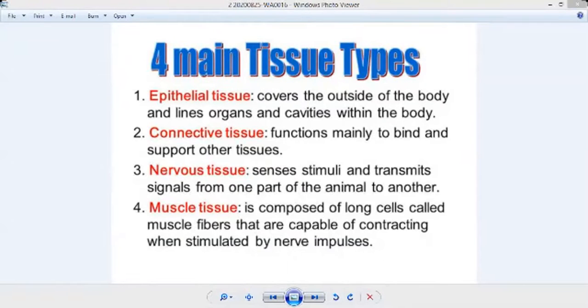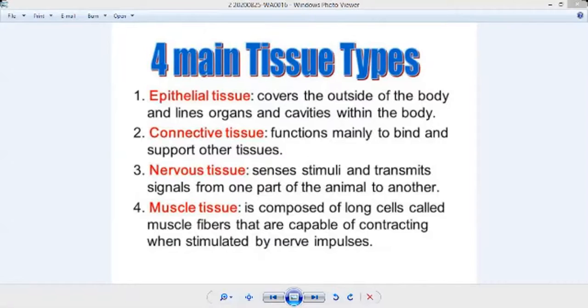If we are touching anything, that signal is transmitted to the brain, and from the brain we receive a message about what object we have touched or seen. All these functions are done with the help of nervous tissues.